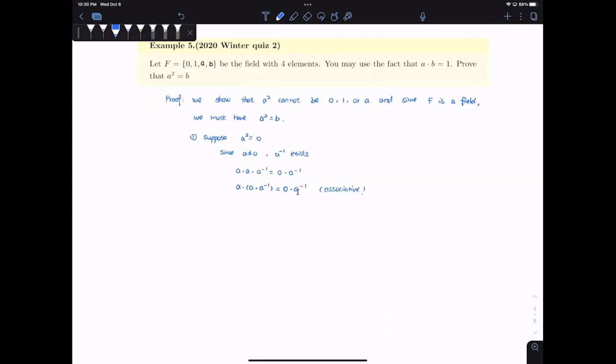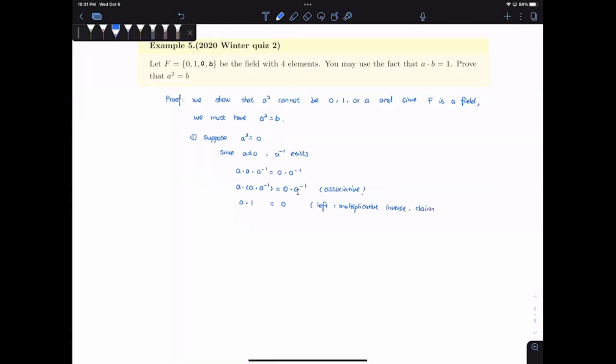And this will give you A1 equals 0. So the left side is multiplicative inverse, and the right side is a claim.